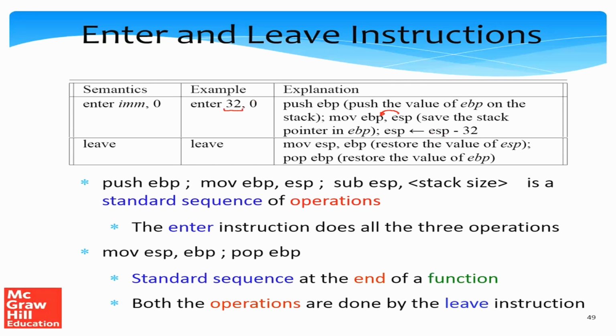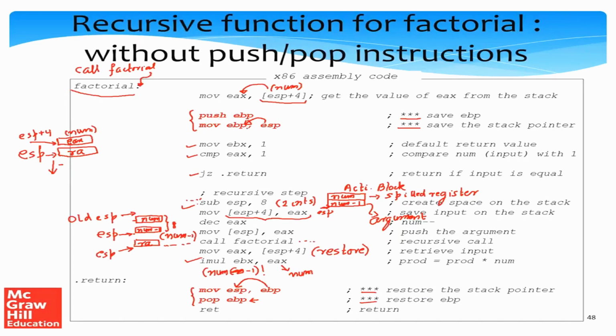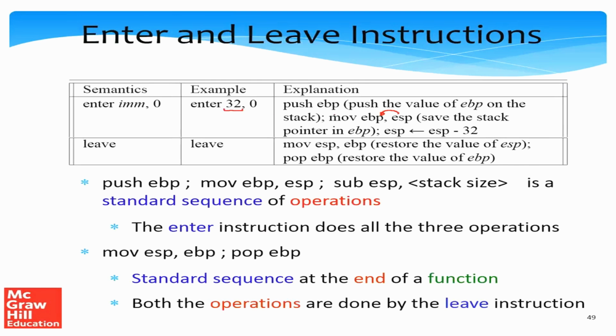So what is it doing? It's doing a lot of things. First, it is doing the job of pushing EBP and putting ESP to EBP, and the jobs of these instructions are all being done by one instruction, which is essentially storing the value of EBP on the stack, setting EBP to the stack pointer, and creating the activation block by subtracting the size of the activation block from the stack pointer.